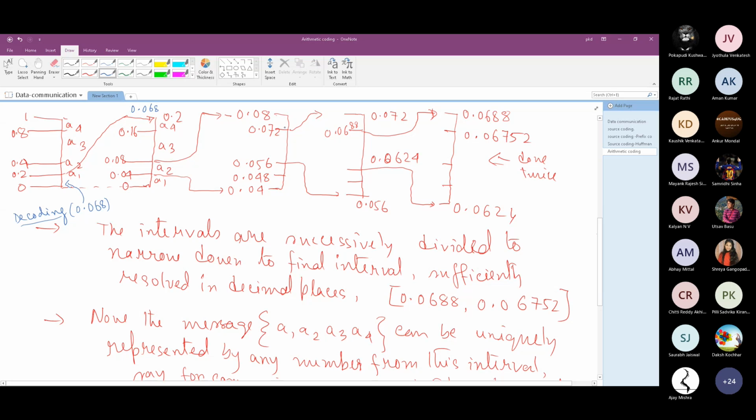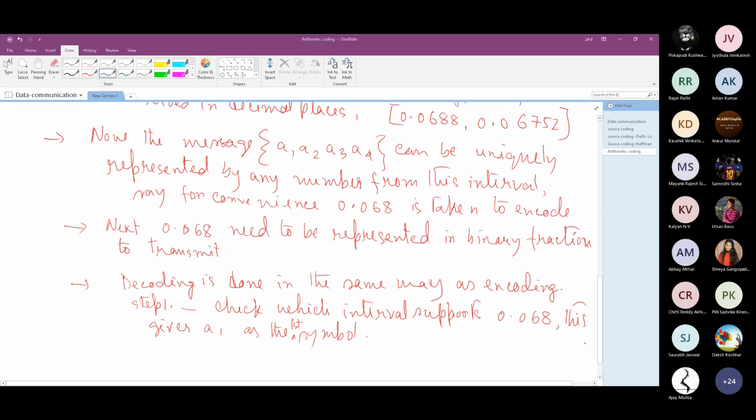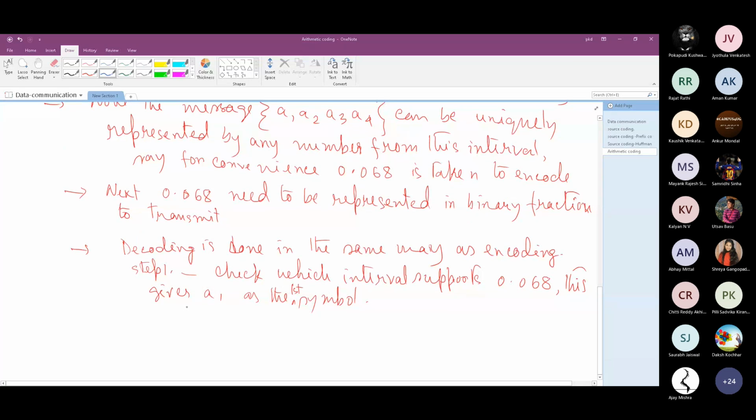Similarly, we will go on checking the next interval, dividing it and seeing in which interval it falls. That way A3 will come. And the intervals give us the symbols we write down as the message, right? Yeah. So A1 is the first symbol, and so on.